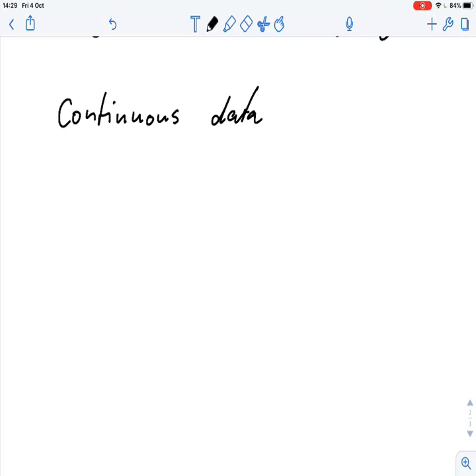Again, the same thing. Sample. We calculate a sample mean. And from this sample mean, we try to make a prediction about our population mean.